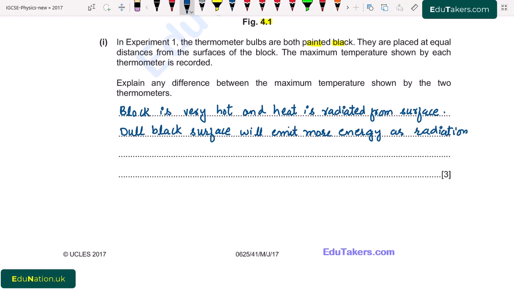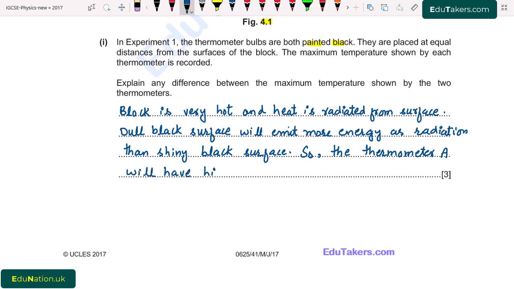Then the shiny surface. So the thermometer A will have a higher temperature than B.